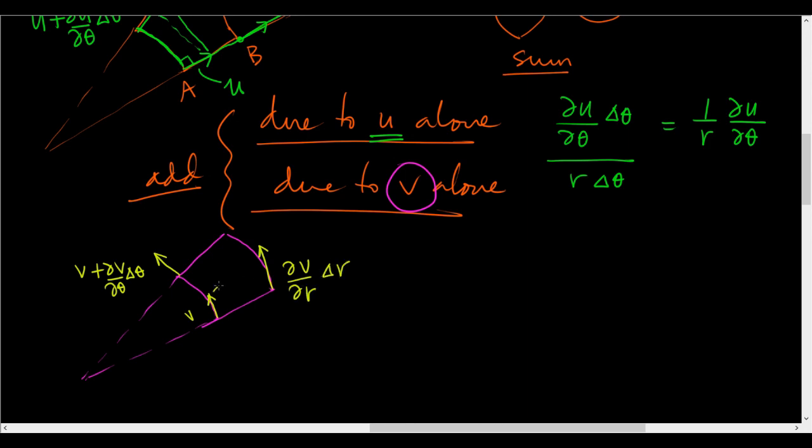So there is this angle which is del v del r delta r divided by that length, which is delta r. So that is del v del r.